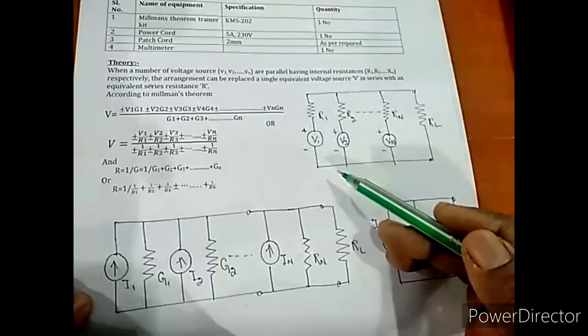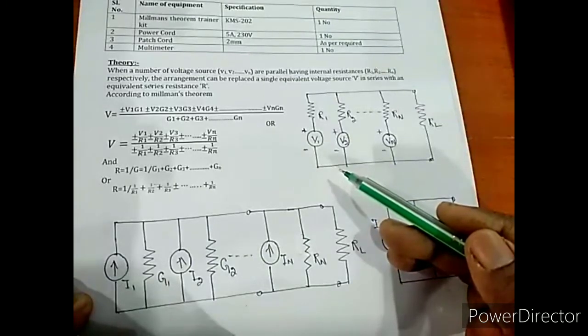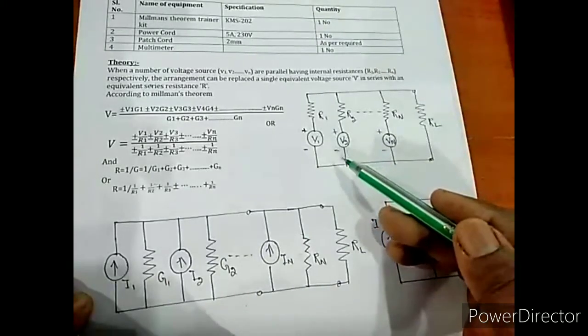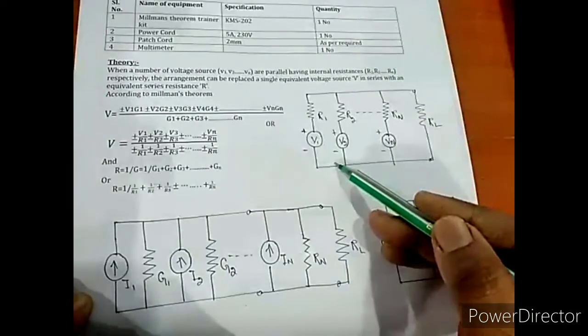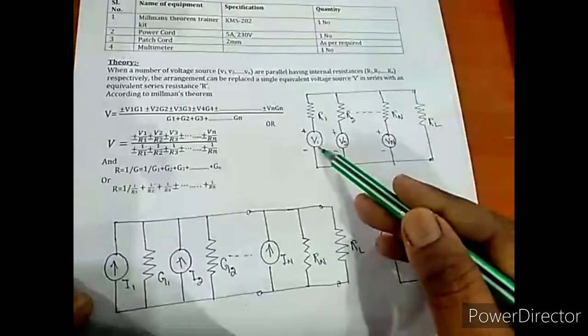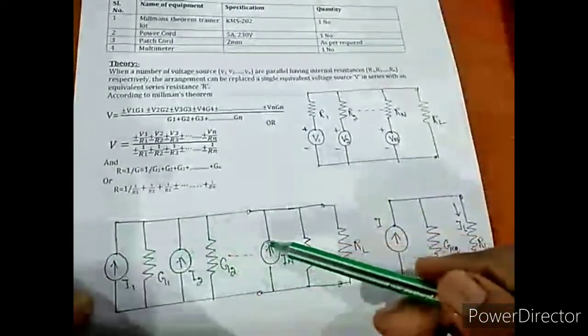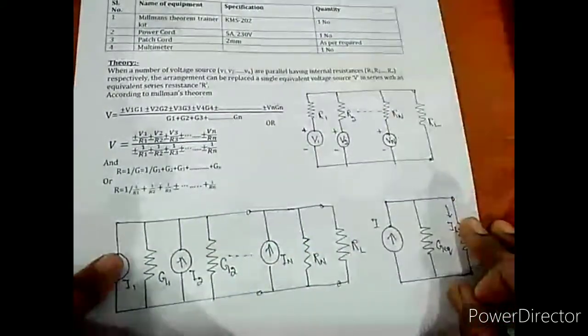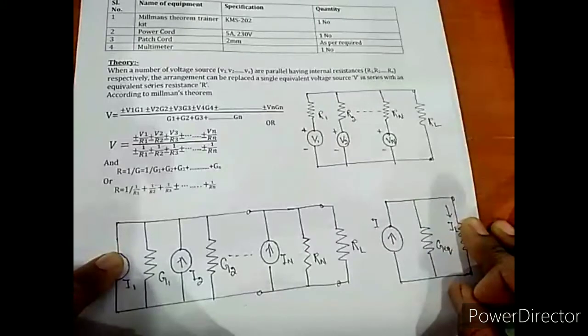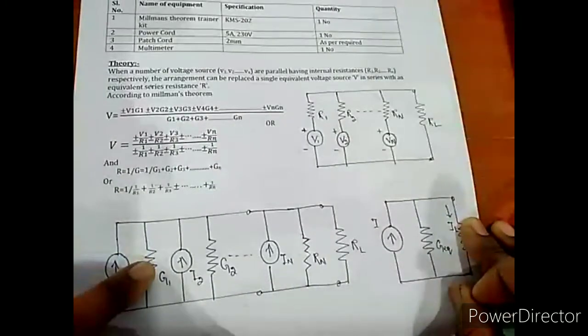So students, for finding the equivalent voltage source, first from the diagram you convert all the voltage sources into current sources by Ohm's law. It means I1 is V1 by R1, and G1 is the conductance, the reciprocal of resistance.